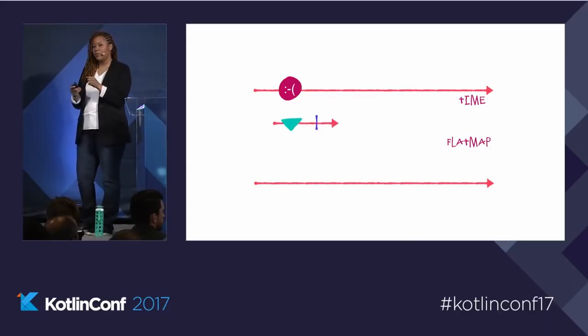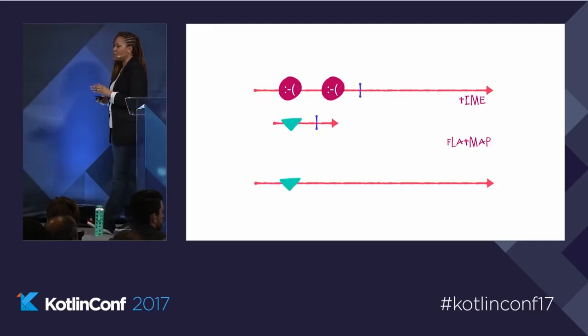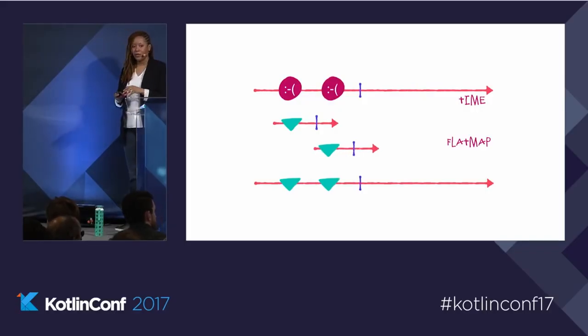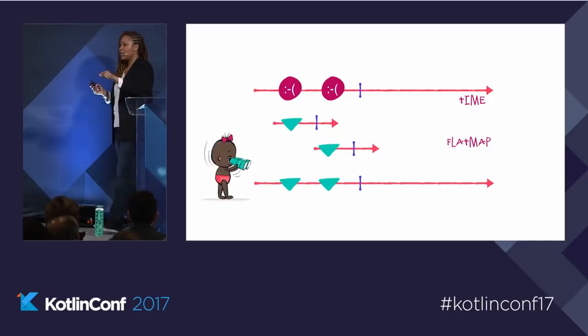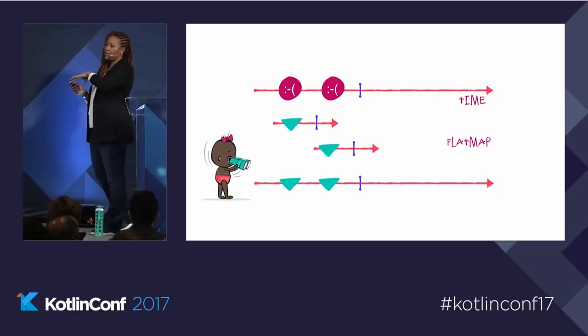FlatMap is going to jump in, create an observable of the down arrow, subscribe to it, and then emit it. And the same thing is going to happen the next time we get another frown. Create an observable and emit it. What's interesting is the subscriber has no idea that all of this is going on. All they know is I have two down arrows that I need to pay attention to.